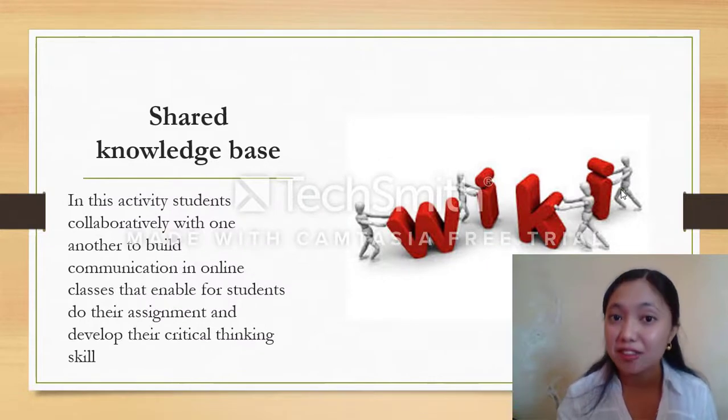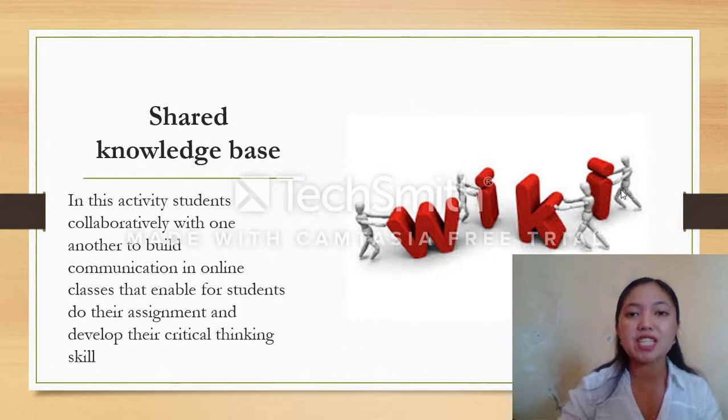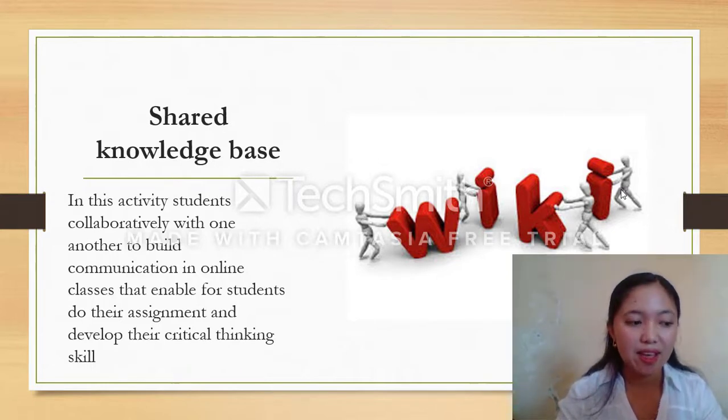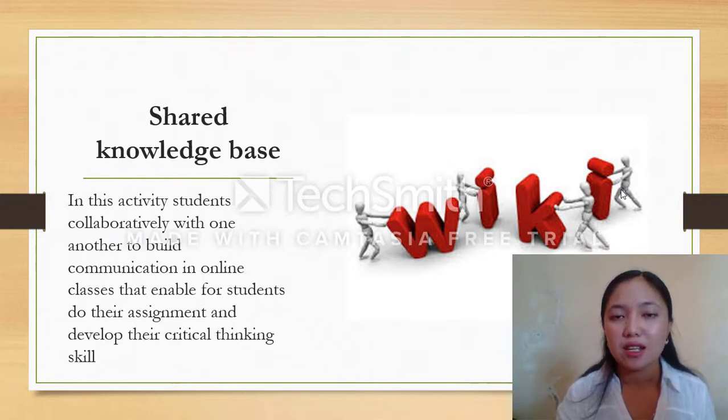And the next activity is shared knowledge base. In this activity, students work collaboratively with one another to build communication in online classes, which enables students to do their assignments and develop their critical thinking skills. For the tool, the learners can use a wiki.